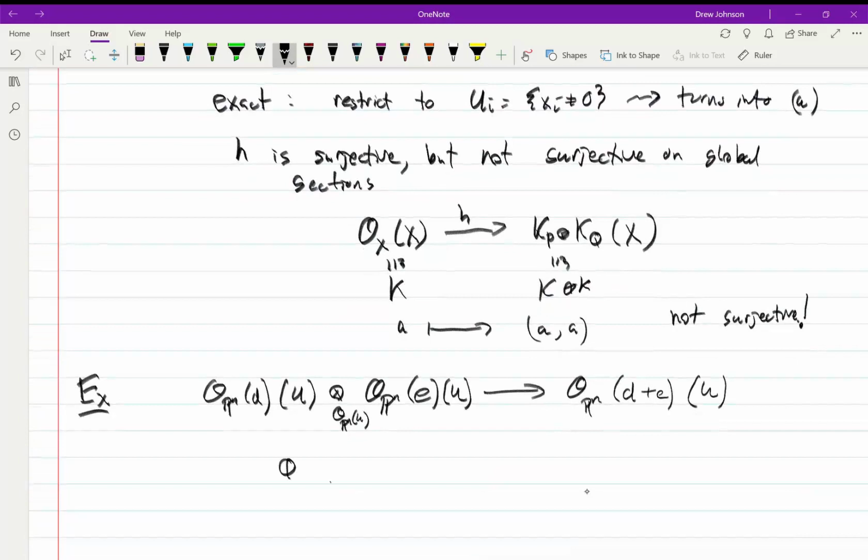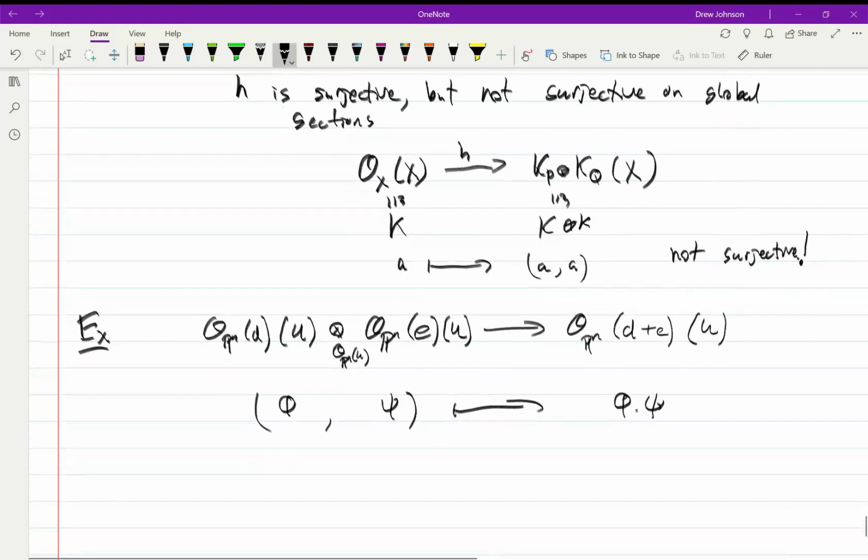You take a phi and a psi, and you map it to phi times psi. So something of degree d times something of degree e. And these rational functions, you multiply them together, and you get something of degree d plus e, and the denominators don't vanish on U. So that's all good.